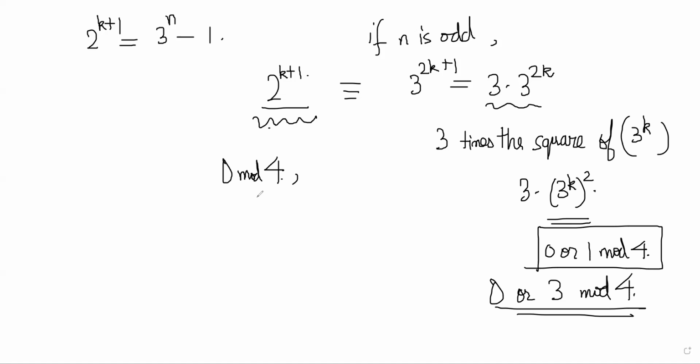We had this equation. We are saying 3 power n itself is 0 or 3 mod 4, right? So, correct.